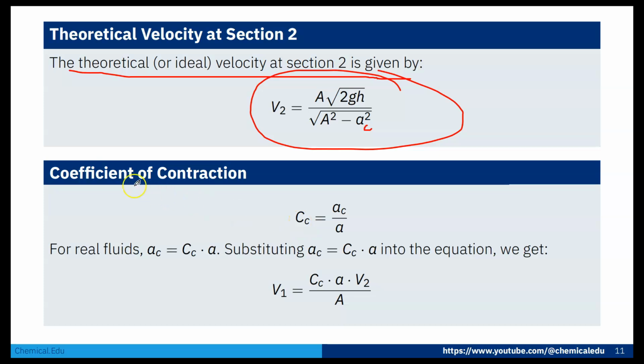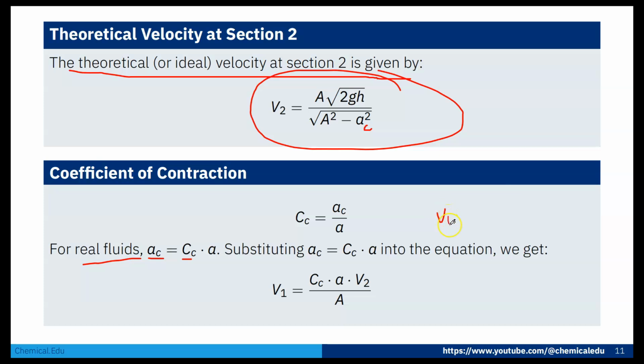Now here the coefficient of contraction, so CC is equal to AC by A. So for a real fluid AC is equal to CC into A. So we can easily calculate that AC. Now substituting AC is equal to CC into A into the equation, we will get V1.